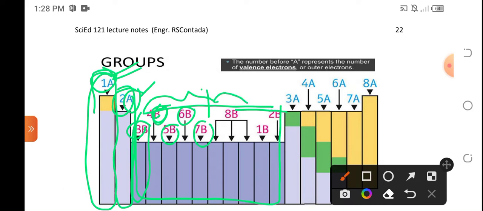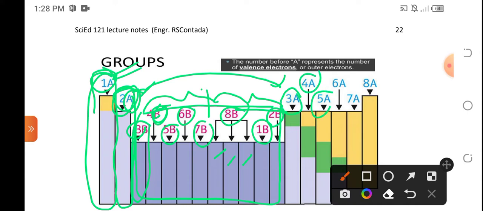And the last 5 are the late transition metals, which are 8B, which is three groups, tatlong vertical grouping, and then we have 1B and 2B. From 2A, ang kasunod niya ay 3A, 4A, 5A, 6A, 7A, and 8A.